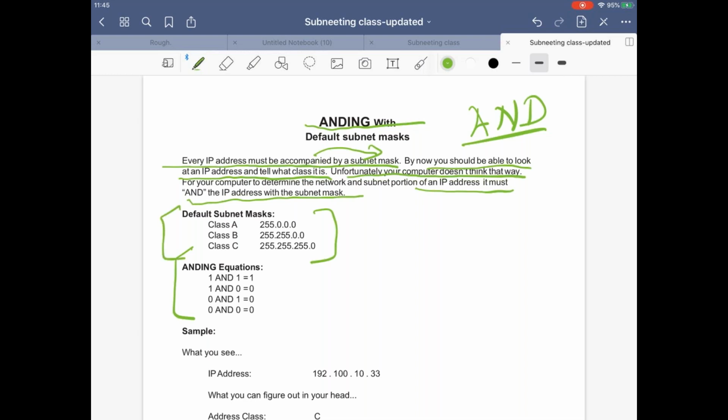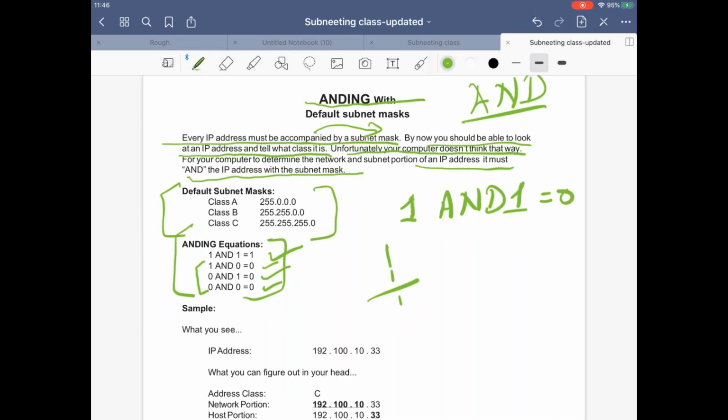AND operation: 1 AND 1 is 1, 1 AND 0 is 0, 0 AND 1 is 0, 0 AND 0 is 0. Everything is 0, but if you see 1 and 1, then it will become 1.